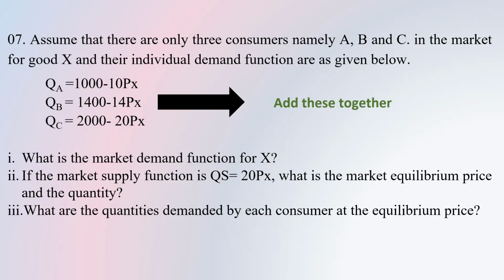They asked to calculate market equilibrium price and the quantity. So how can we calculate the market demand by adding all these three together?